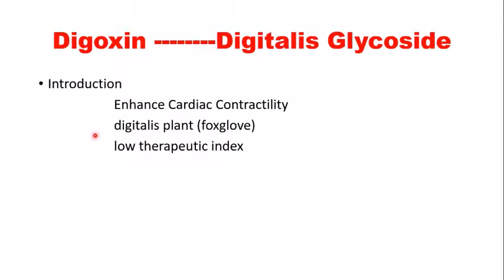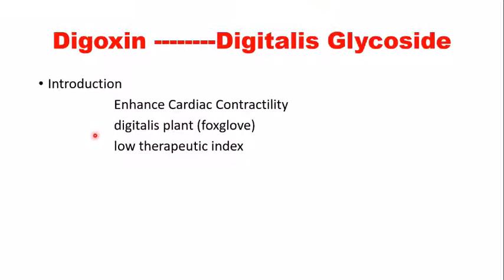Digoxin is a digitalis glycoside, also called a cardiac glycoside. These drugs come from the digitalis plant, also known as foxglove.